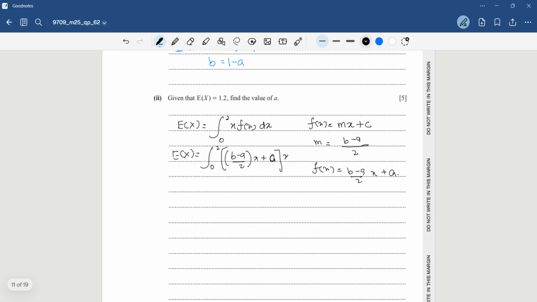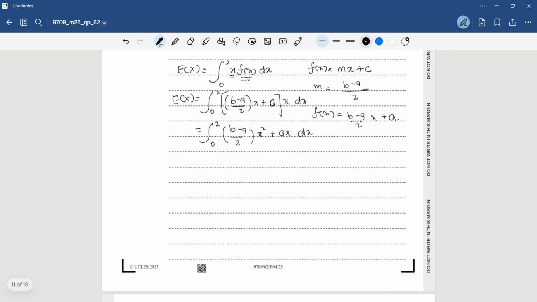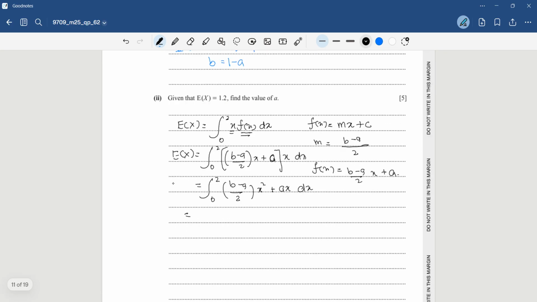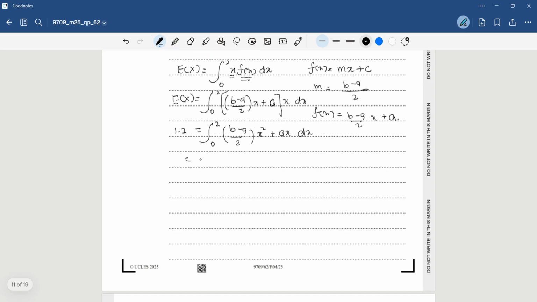Therefore my E(x) will be the integral from 0 to 2 of x multiplied with f(x) dx, because you see x multiplied with f(x). So it's going to be the integral from 0 to 2 of (b minus a) over 2 times x squared plus ax dx. Okay, so you can integrate first if you want. The answer is 1.2. So it's going to be (b minus a) over 6 x cubed plus a x squared over 2.